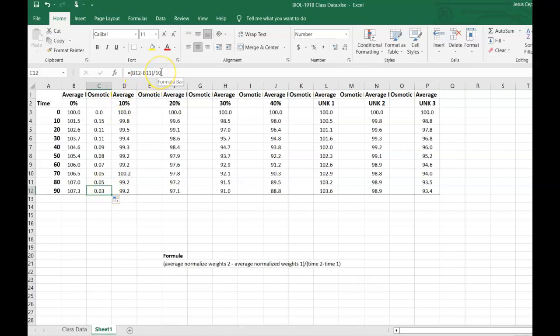If you look up here at the formula bar, it says B12 minus B11. So B12, which is here, the 107.3, minus B11, which is 107. So it did apply the formula correctly. Okay, so hopefully this helps you.